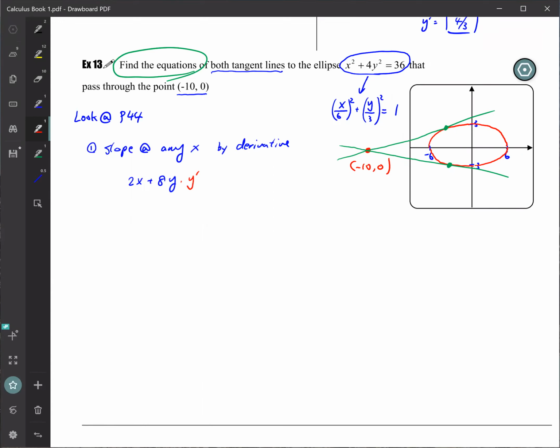Some of you just wrote down 8y prime. Then you forgot the main point for the whole implicit, right? Implicit means you have to treat y as a function. So if the y is inside the square, you have to apply the chain rule. So equals, the other side will be 0.